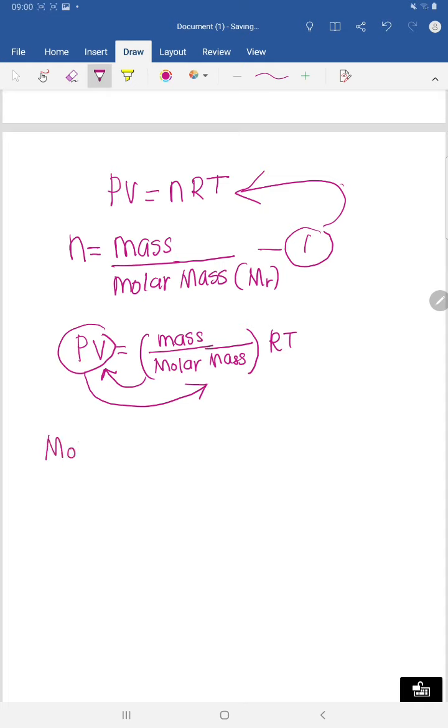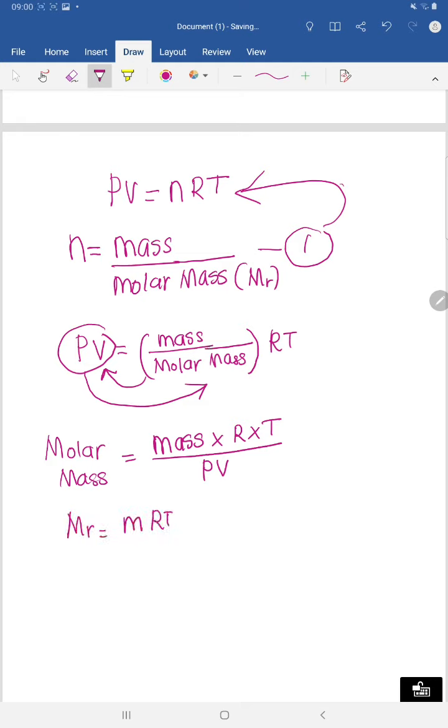So molar mass equals mass times R times T over PV, that is, Mr equals mRT over PV. This is a new formula that we write from the ideal gas equation to determine the molar or molecular mass of a compound.